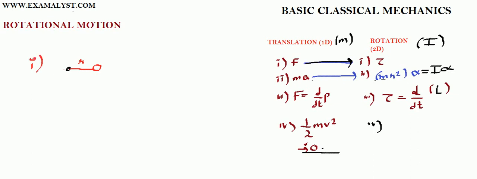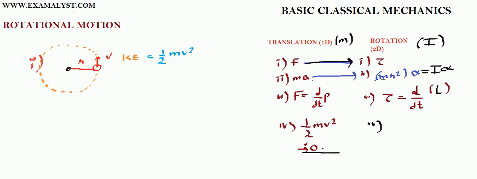If this object starts moving with a velocity v, then this ball will trace a circle and move with velocity v along the circle. Agreed? So what is the kinetic energy? Obviously you will say that kinetic energy is half into m into v square.